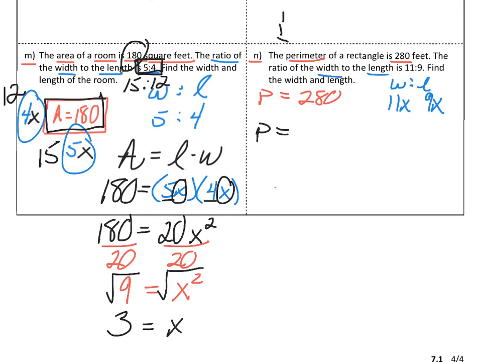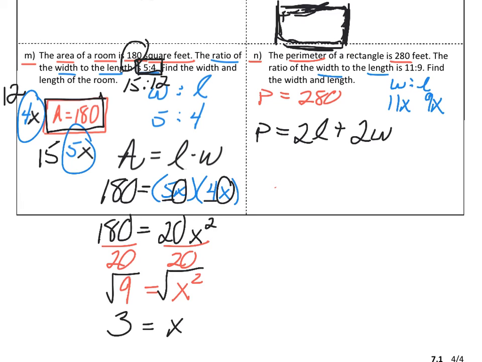Perimeter would be all the way around my rectangle. Well, to figure that out, I'm going to need double the length plus double the width. That'll account for all my sides.